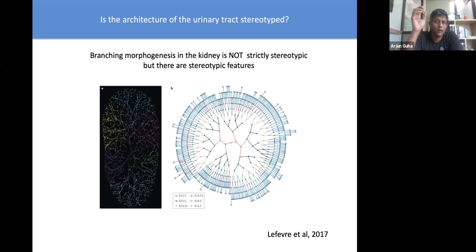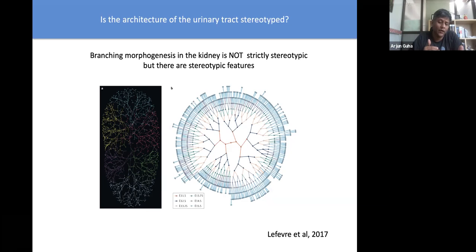Of course, Ross did point out that there is some give, meaning if you look very carefully at the timing of the branching process, what you will see is that there may be in some animals a slight delay in the formation of some branches versus others, but they catch up ultimately. You may find that in some branches there are errors, meaning stochastic losses.